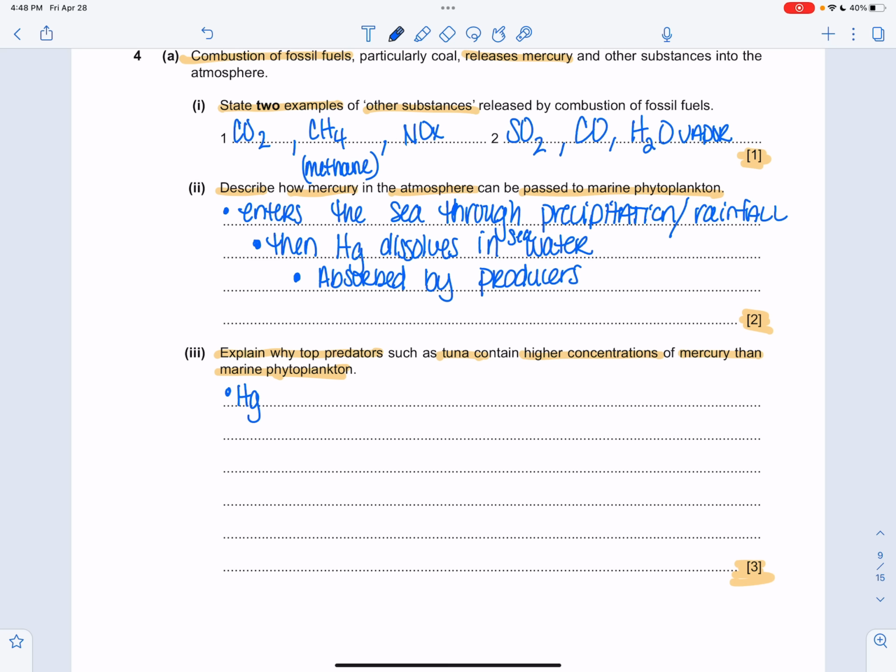Hg is mercury. It bioaccumulates. Accumulation happens in an organism. It magnifies up your trophic levels, in the body or in the tissues of organisms.